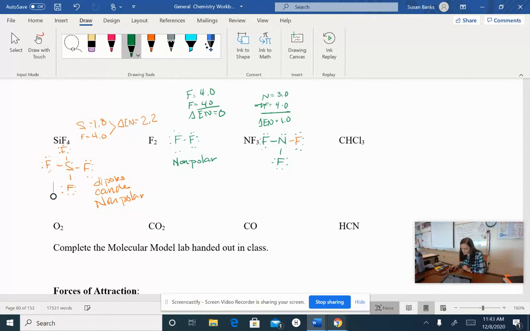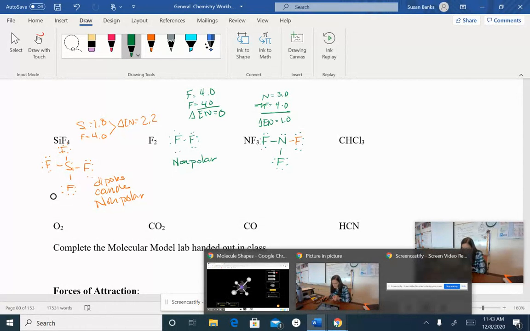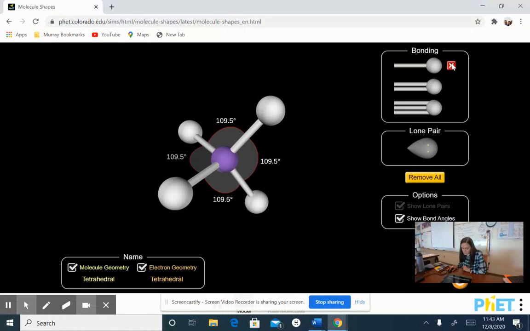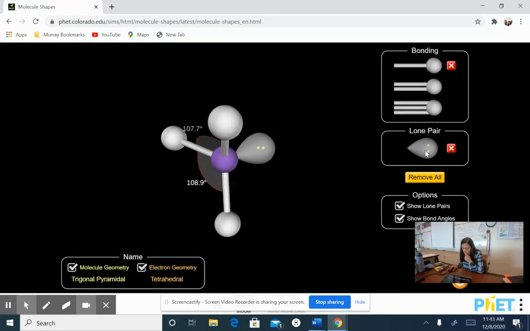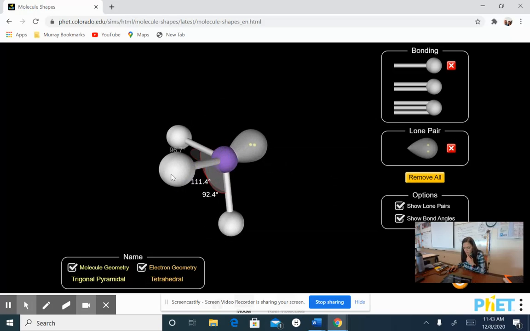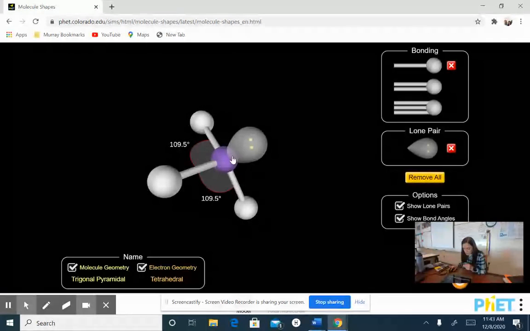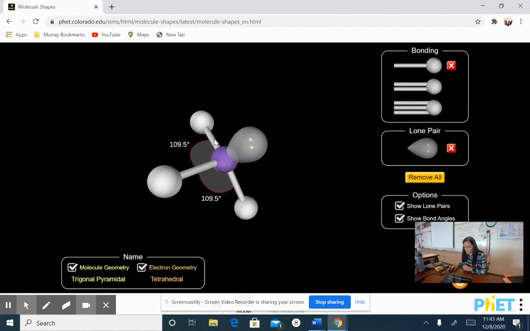So let's look it up on PhET. We've got 3 bonding areas and 1 lone pair area. So if I take off one of these bonding areas and add a lone pair instead, remember these little gray atoms right here are the fluorines, and this purple atom here in the middle is the nitrogen. So I'm going to have the electrons pulled from the nitrogen towards the fluorine. They're going to be going this way, and this way, and this way. So this is going to be negative, negative, negative.